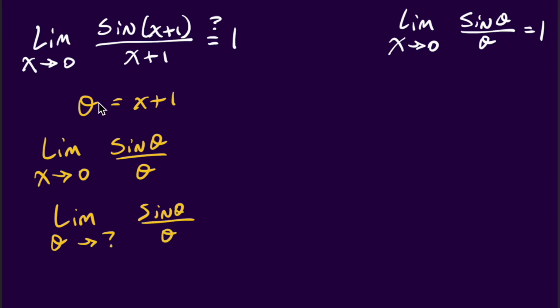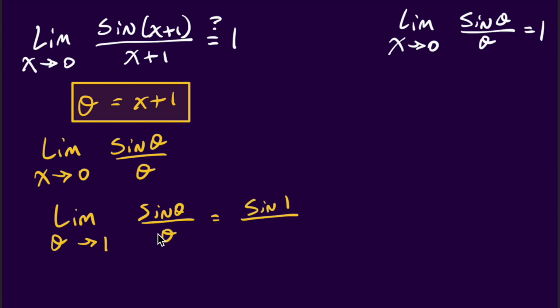So if we look here into our substitution, we see that theta equals x plus 1. So as x goes to 0, theta is going to go to 1. So let's add that here. Now, if we plug in 1 here, we're going to have the sine of 1 divided by 1.